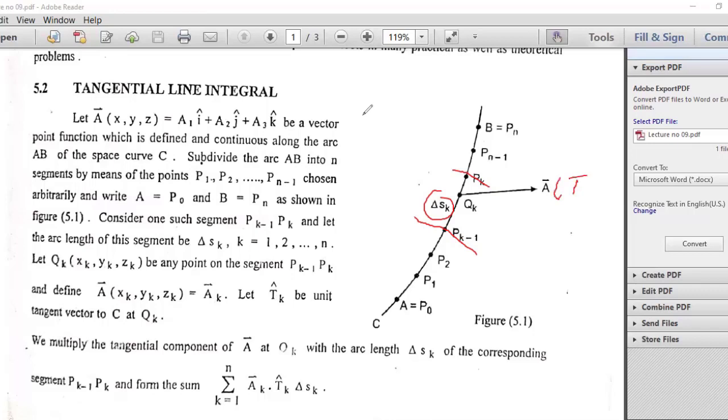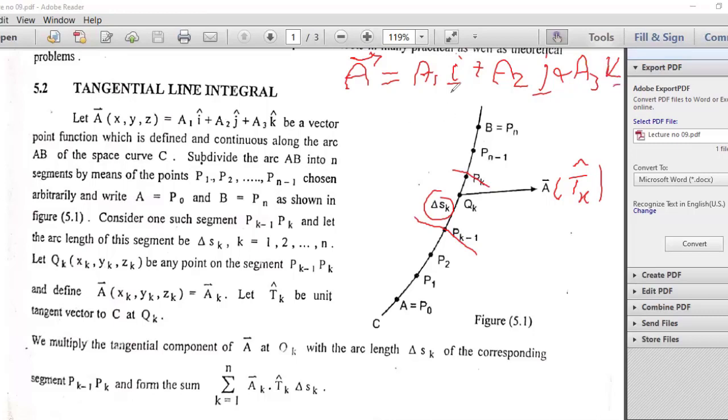Similarly, like we studied previously, a vector A has components A1 along i, A2 along j, and A3 along k unit vector.